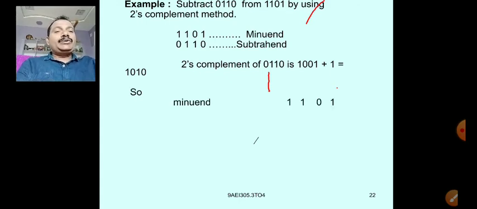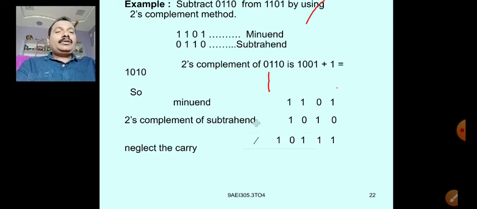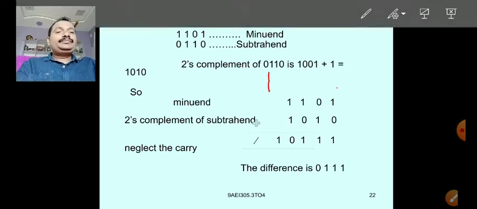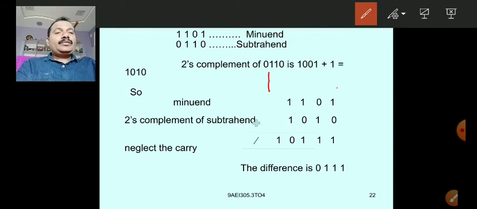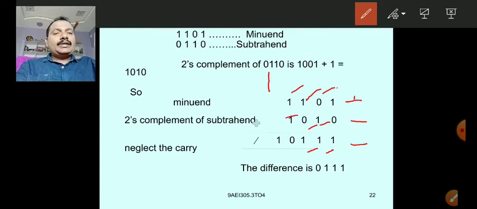So the minuend you take and the 2's complement of the subtrahend you take, both the numbers you just add them. How much do you get? 1 plus 0 is 1. 0 plus 1 is 1, and 1 plus 0 is 1, and 1 plus 1 is 10.